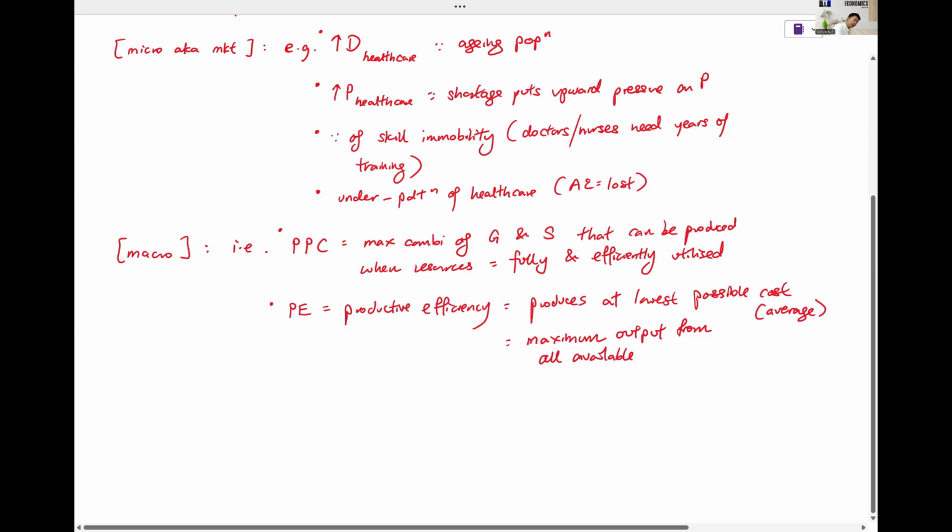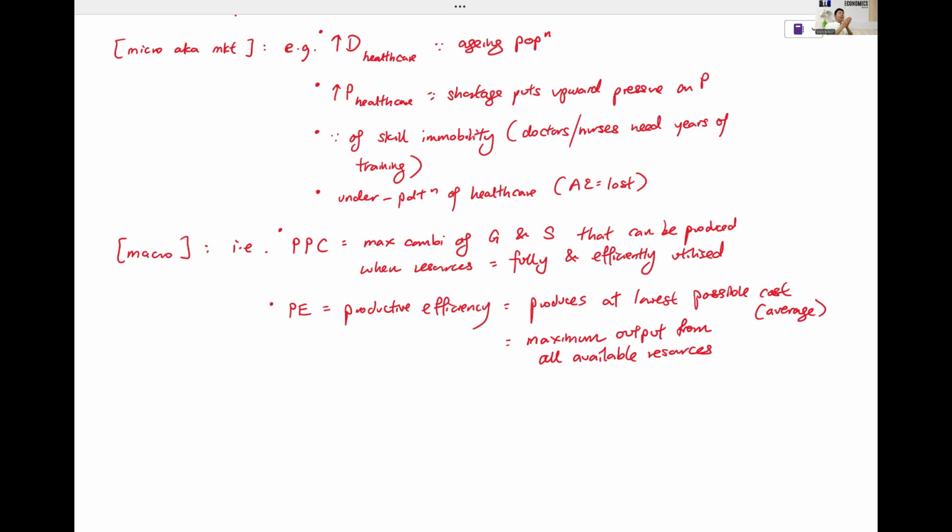It means the same thing. When you maximize your output, you divide by a huge denominator, then your average cost is low. Does that make sense?